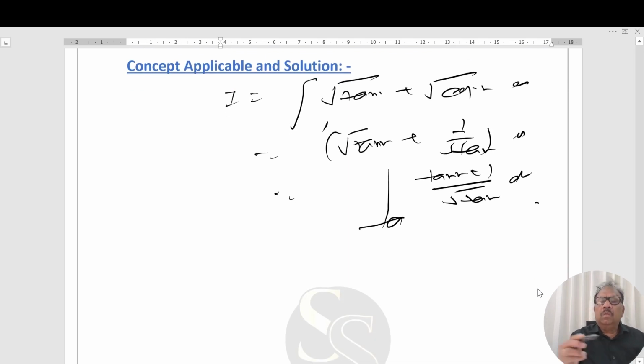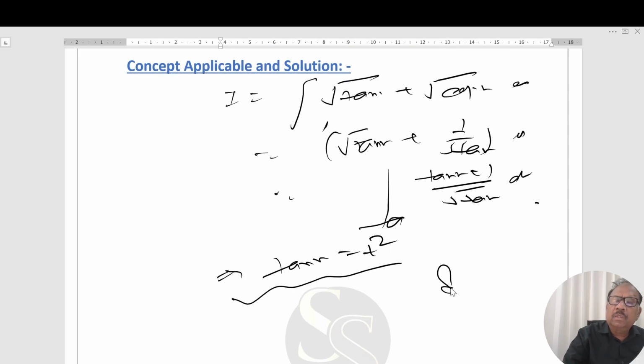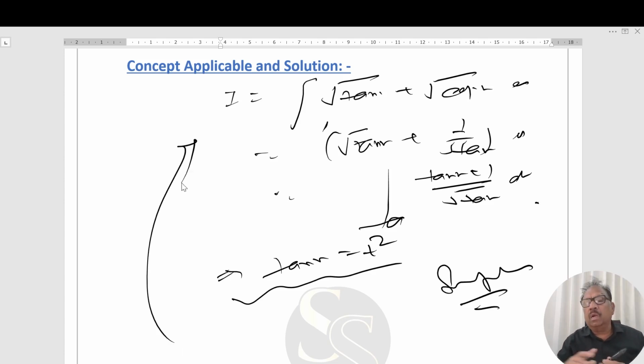Now put tan x equal to t square and simplify. You will get it in the same fashion as earlier.